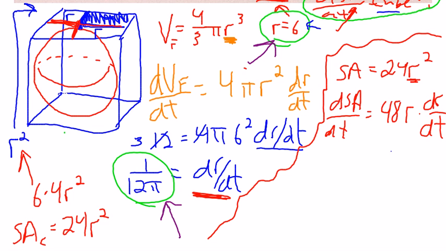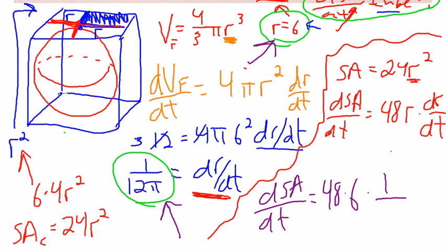So I can figure out how the surface area is changing by simply plugging in those 2 purple arrowed values. So I get dSA dt is equal to 48 times 6 times 1 over 12 pi.